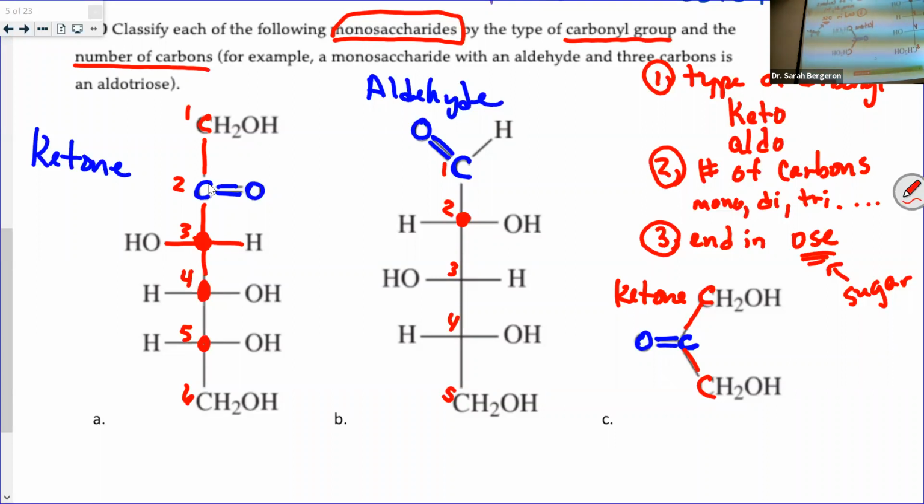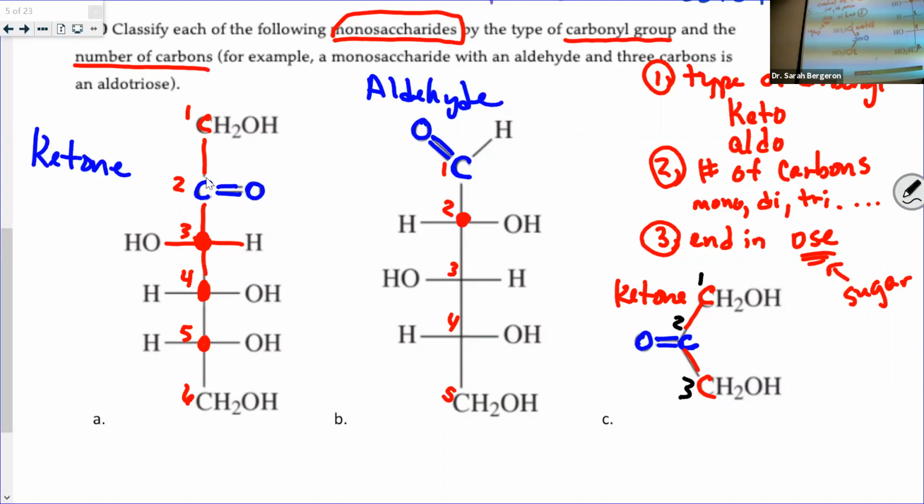Does it matter where I start counting them? Like, where's carbon 1? It doesn't matter because it's a symmetric molecule. But when we draw things in a Fischer diagram, you're always going to start numbering from the top. So we'll just keep that going and go 1, 2, 3.